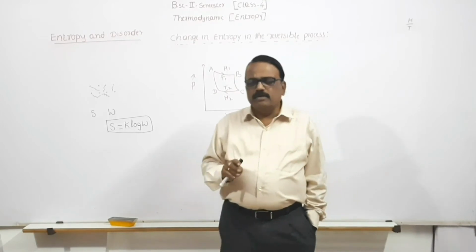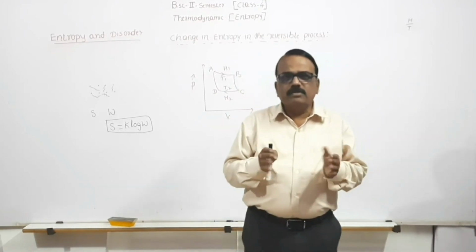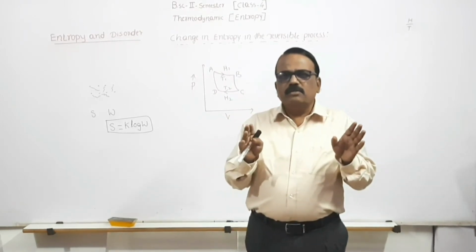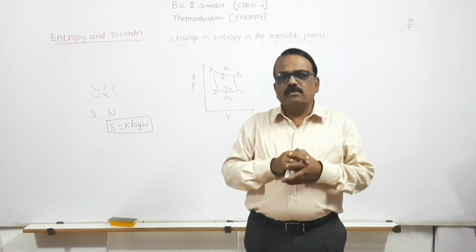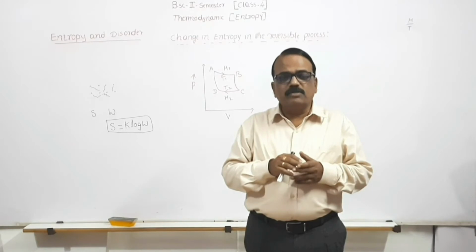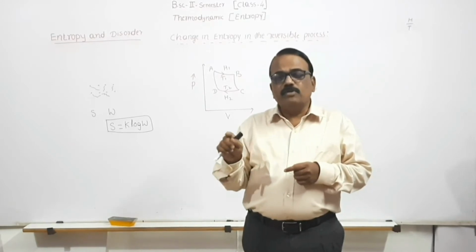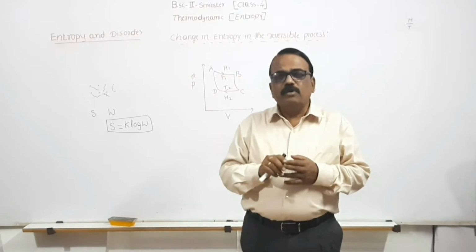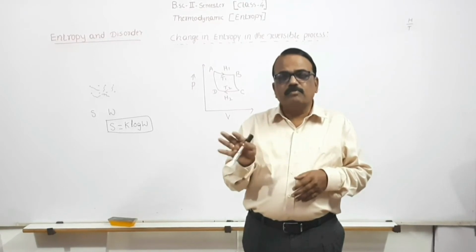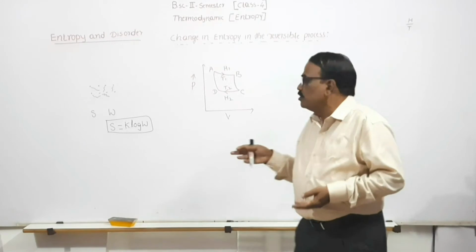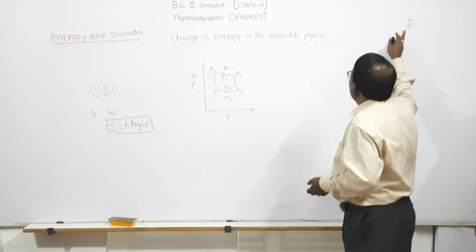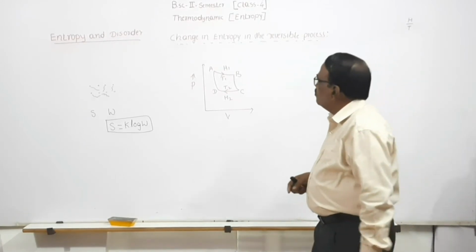So remember that if entropy increases, disorderness increases. If entropy decreases, disorderness also decreases. At 0 K, the motion becomes 0. Then disorderness becomes 0, and entropy also becomes 0, because temperature becomes 0, entropy becomes 0.